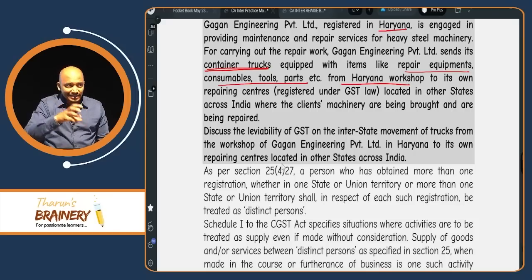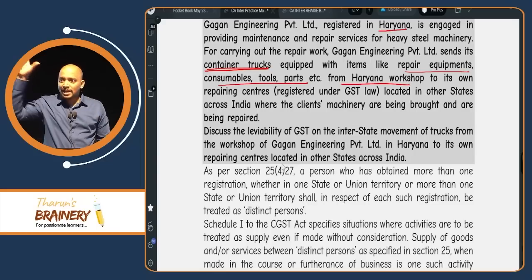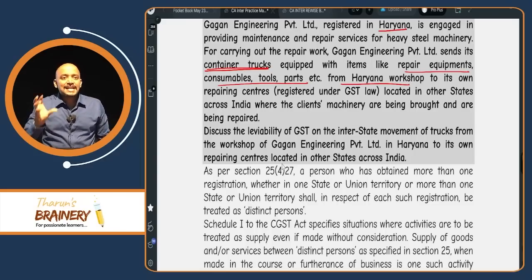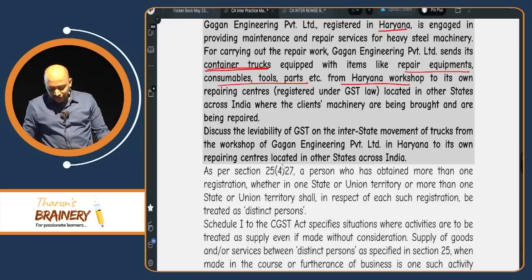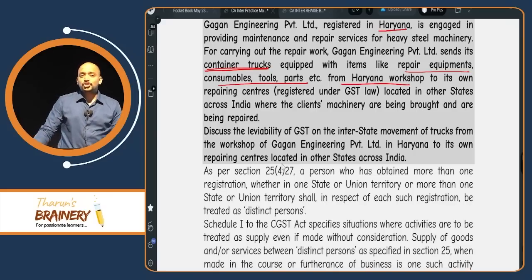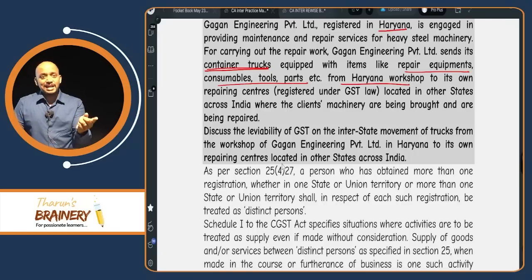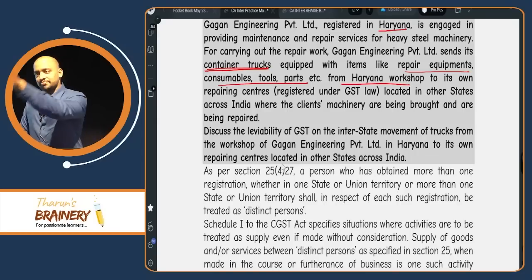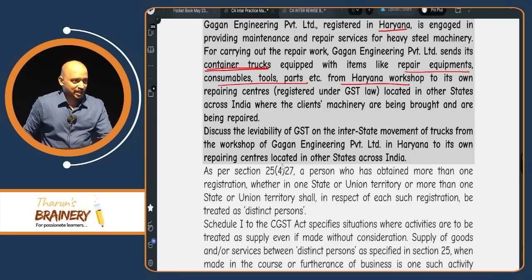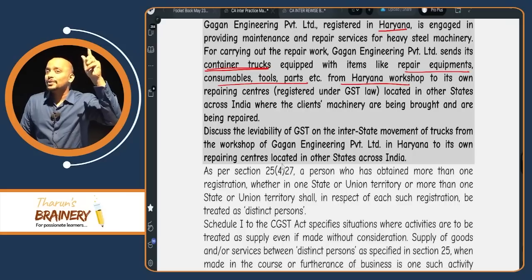Now they are sending the truck from Haryana to their repairing centers in other states. Is that supply between distinct persons? Even though their workshop in Haryana and repairing center in another state are distinct persons as per section 25, we have one circular.